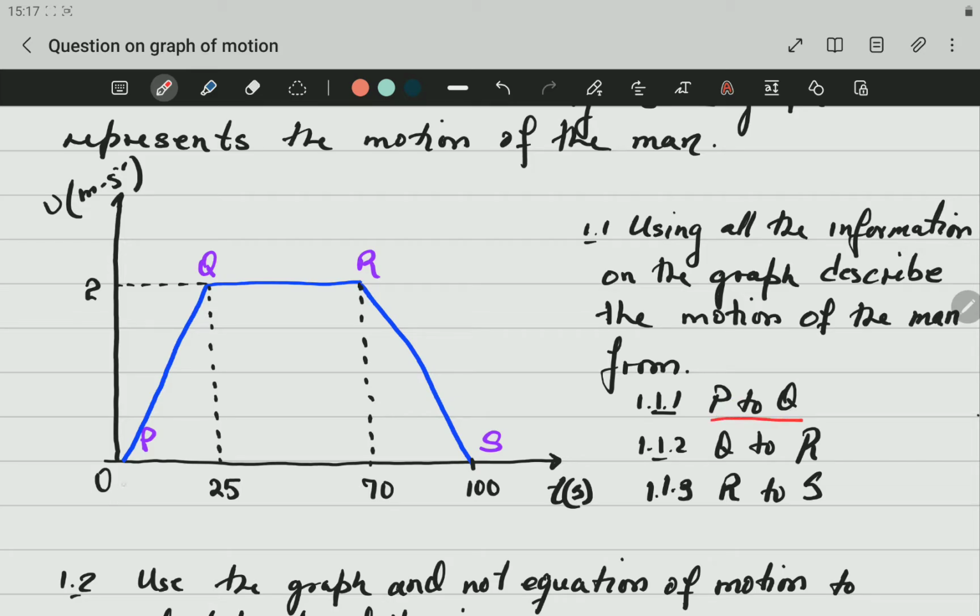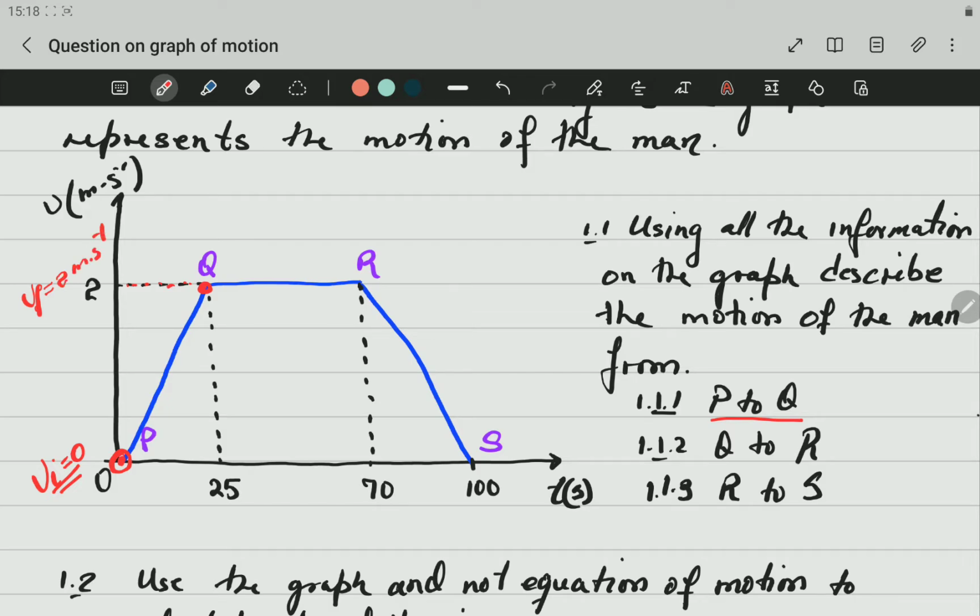Now, P to Q: the object starts from here, where you can see that the initial velocity is equal to 0. The object starts moving from 0. It goes all the way up until here, that is Q. This one here on the y-axis is the final velocity, and you can see it is equal to 2 meters per second.